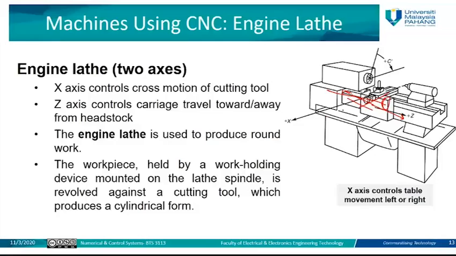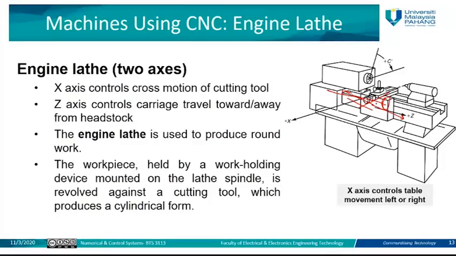You can see here the axes, either the z-axis or x-axis, or the position of the machine, is a very important part for the CNC machine. So when we talk about the programming of a CNC machine, actually it is the programming of the position. We are going to draw the path for the movement.